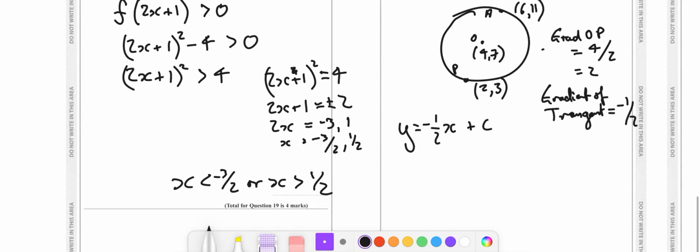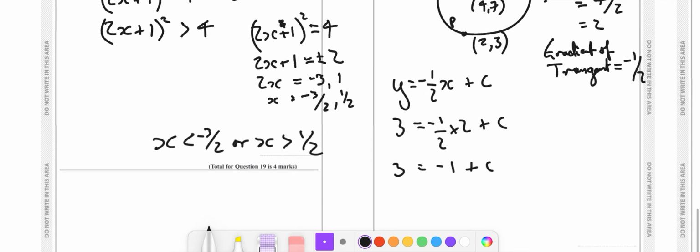We now sub in the point, which is 2, 3. So 3 is minus 1 over 2 times 2 plus c. 3 equals, it's going to be minus 1 plus c. C equals 4. Which means our equation is y equals minus 1 over 2x plus 4.